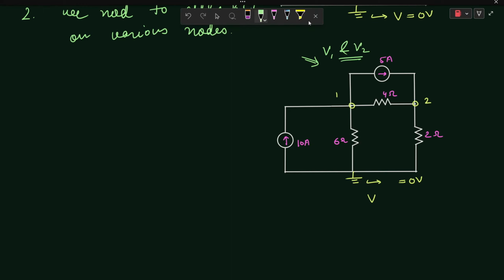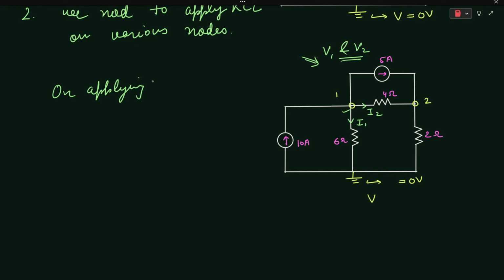As you can see, on applying KCL at this node, let's say this is your current I1, this is your I2 current, and this is your current I3, which is equal to 5 amperes. So on applying KCL at node 1, we can say that the 10 ampere current source will be equal to I1 plus I2 plus the 5 ampere current source.